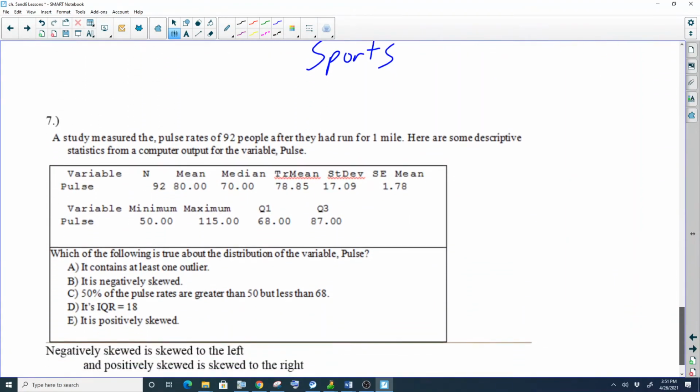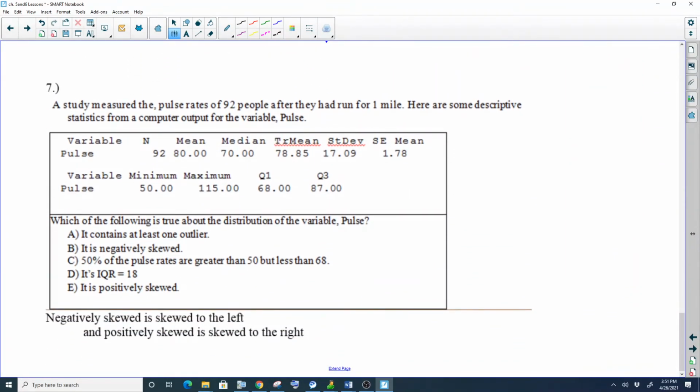And last but not least, question 7. I'm going to let you go through each one of these properties. I want you to check the IQR. I want you to check the 50%. We can check the 50% together. So 50% of the pulse rates are greater than 50 but less than 68. Well, greater than 50, so here's our minimum. But less than 68, that's Q1.